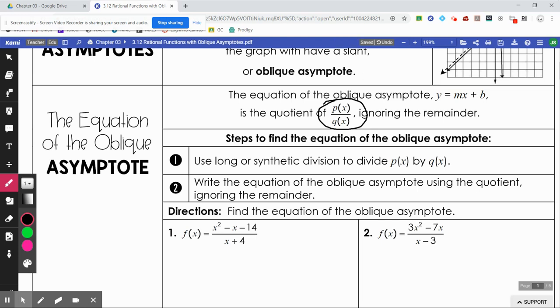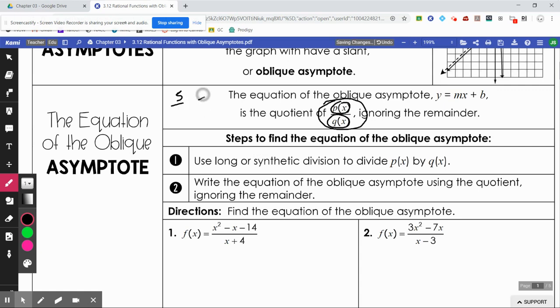So the way I like to do this is, think about this. If the degree of the top is bigger than the bottom, think about back when you did fractions, what we called improper fractions. When I had an improper fraction, how did I change it to a mixed number? I divided the top by the bottom. 3 went into 5 one time with 2 left over. That's exactly what we're going to be doing here.